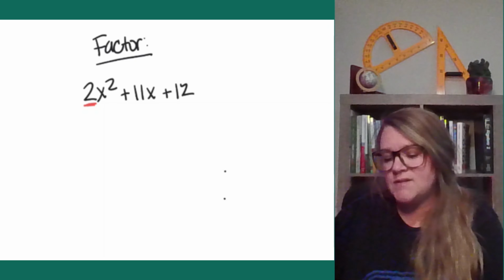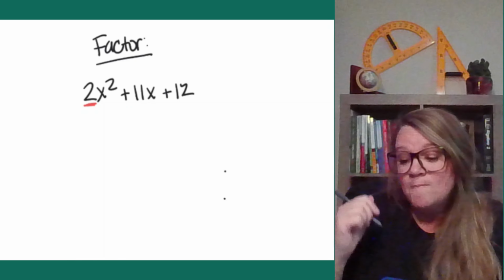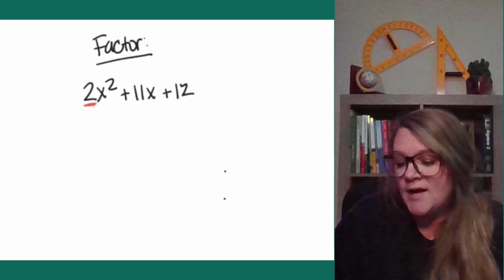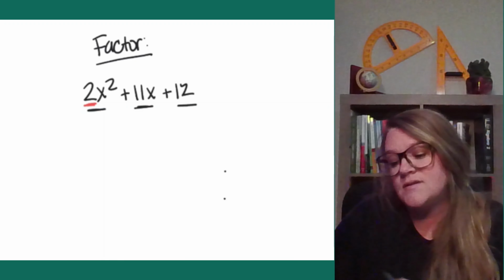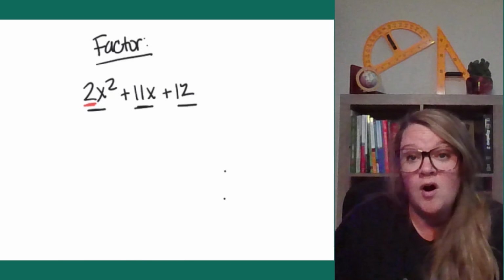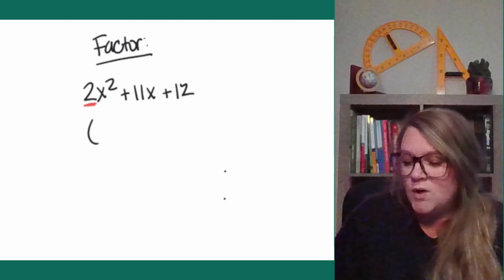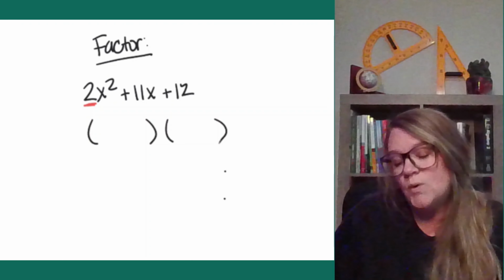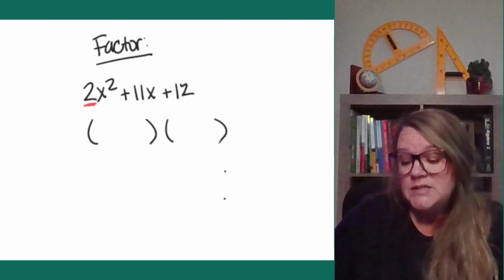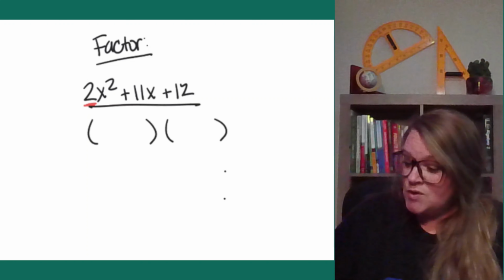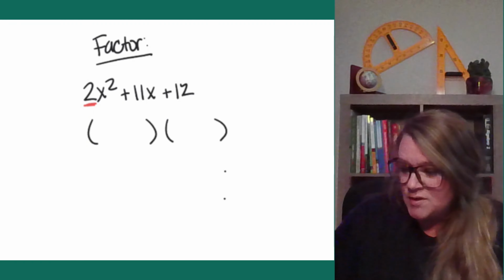We still want to have the same thought process. So remember I said we have three terms. We have them in the correct order. We have our x squared, then our x, then our constant, and we want to unfoil this or defoil this. So basically what I'm looking for is what two parentheses would I be able to foil to give me this original right here, okay? So in FOIL, let's start with the F step.